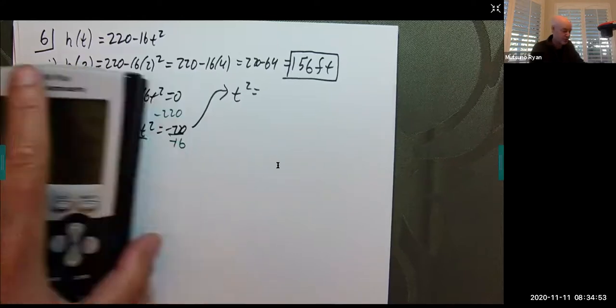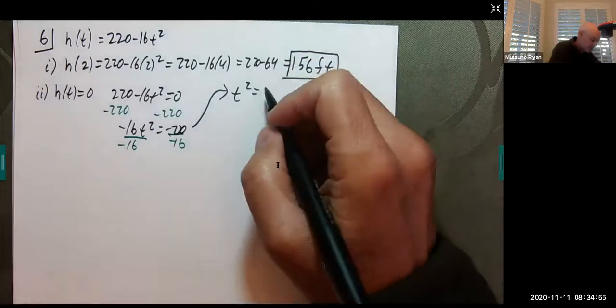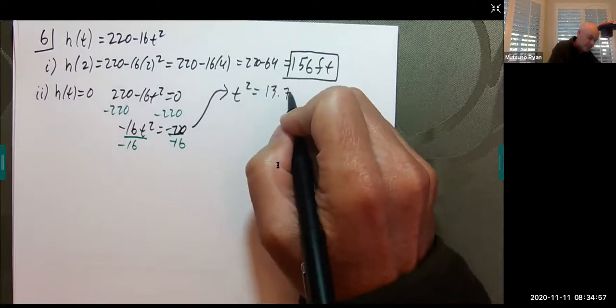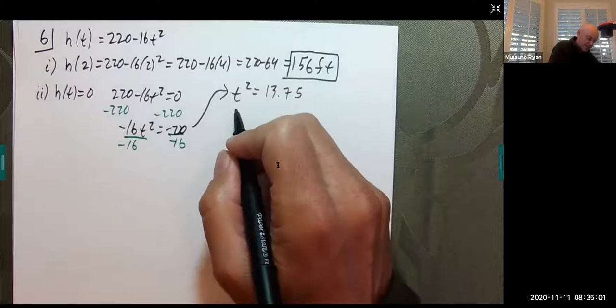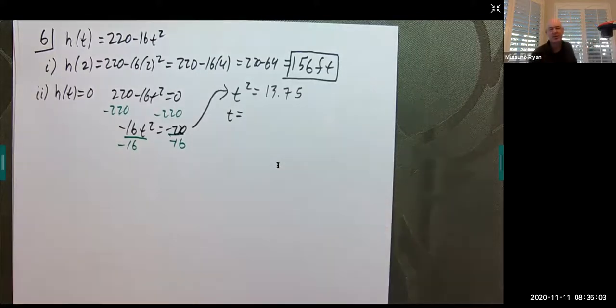And it says round to 2 decimal places, which is fine. And so we're going to end up with t equals, we should do plus or minus, but negative time doesn't really work out so much for us.